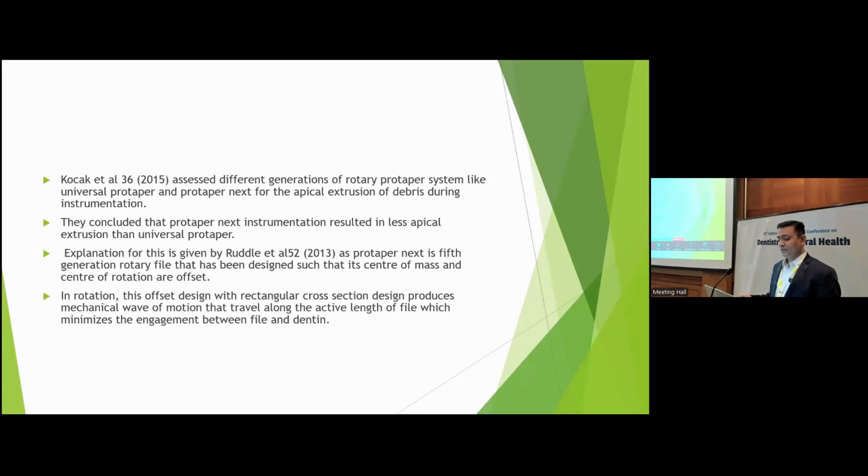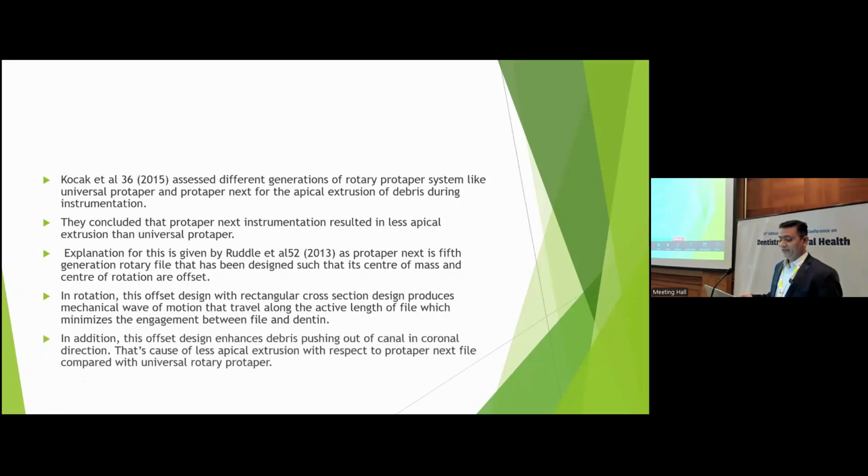The offset design will affect the preparation, as this offset design with a rectangular cross-section produces a mechanical wave of motion that travels along the active length of the file, which minimizes the engagement between the file and dentin. It also enhances the debris being pushed out of the canal in a coronal direction. That's why ProTaper Next produces less debris compared to ProTaper Universal.